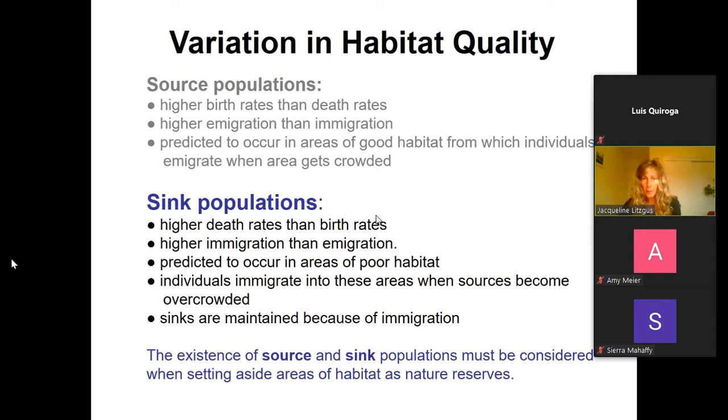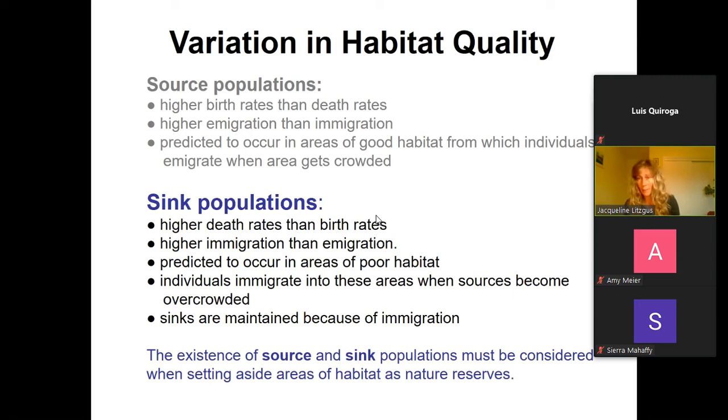This is what you expect in those poor quality habitat patches. Individuals immigrate into them when the sources become crowded. This is what maintains these sink populations, the immigration coming from the source. So even though the habitat's poor, it's getting so crowded in the source population that individuals still leave that source and go to the sinks.